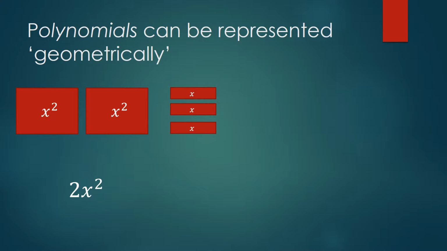Now you have 3 bars here, each the same, representing an x. So you have plus 3x. Next, you have 4 small squares, each representing 1. So you have 4 of them, so it's plus 4. So finally, 2x squared plus 3x plus 4 is represented here geometrically with these drawings.